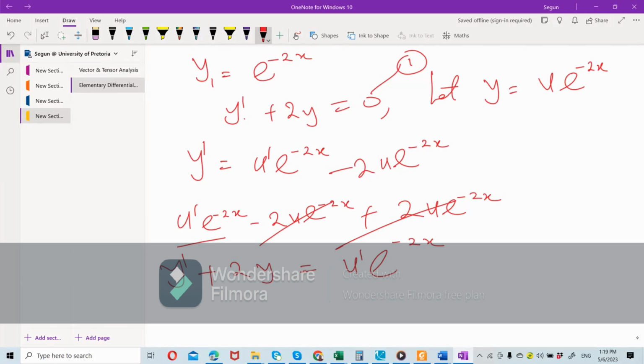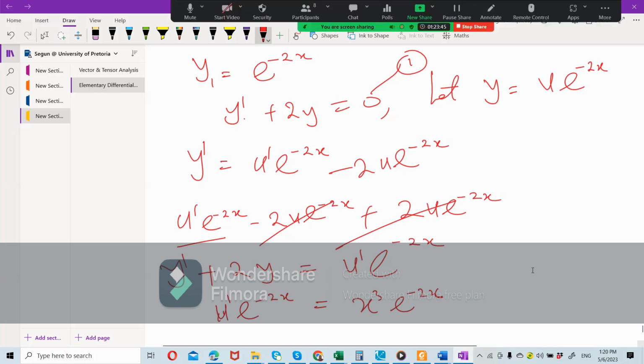But don't forget the equivalent. We know that u prime exponential minus 2x is equivalent to x raised to power 3 exponential minus 2x. Remember from the question you are given x raised to power 3 from here.